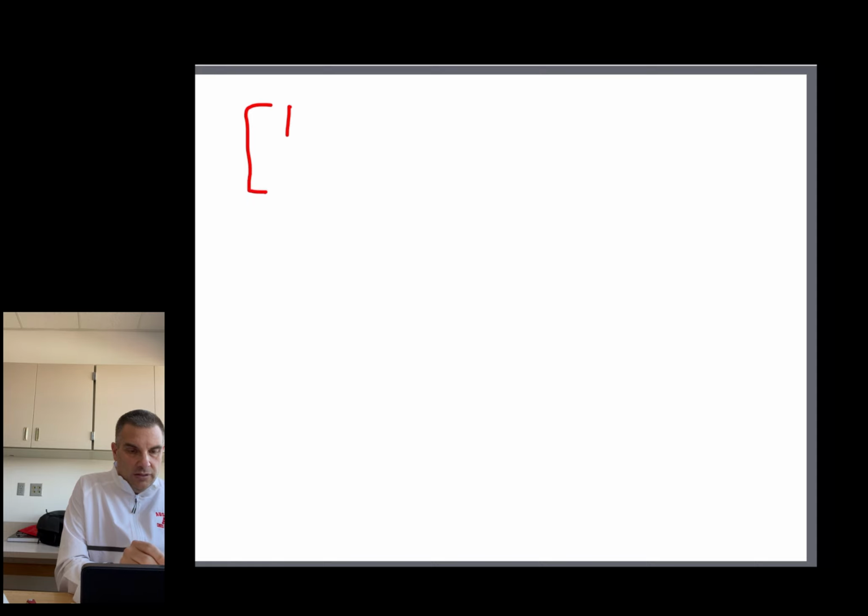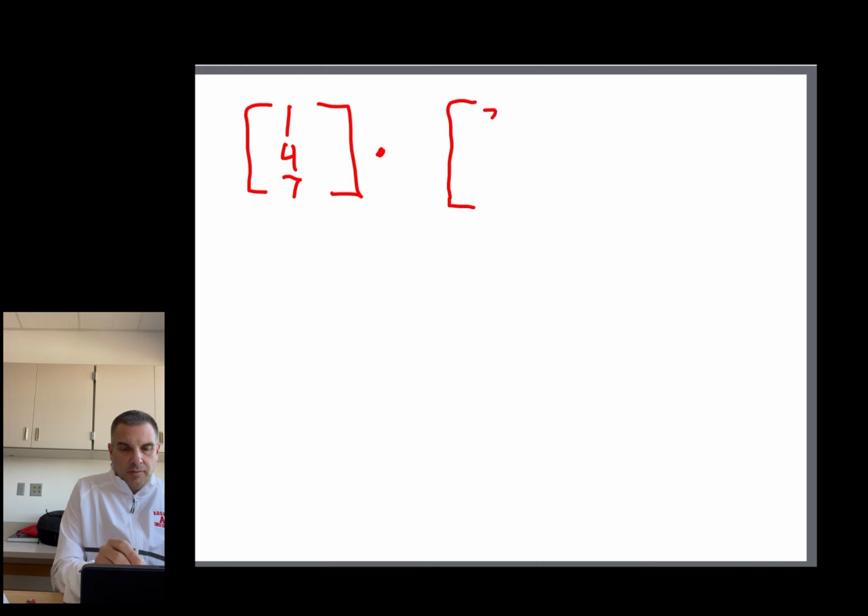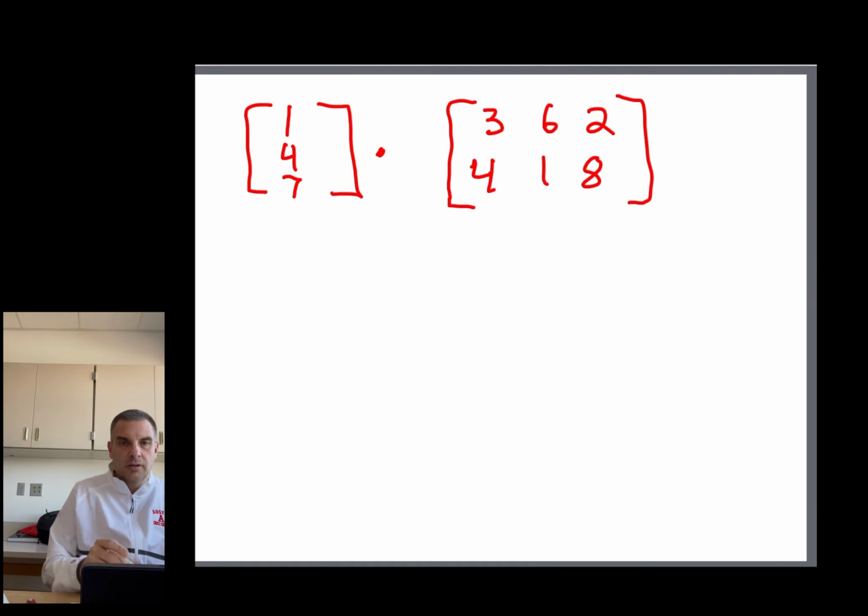Let's go 1, 4, and 7 times 3, 6, 2, 4, 1, 8. So I'm going to take these two matrices and multiply them together.